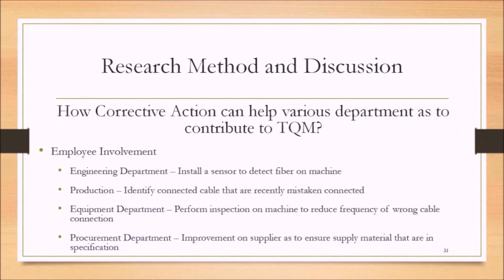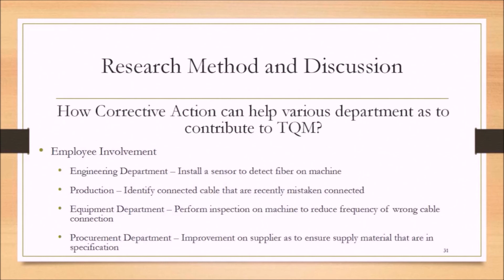For example, the engineering department carries out the corrective actions by installing a sensor to detect fiber on the machines. Production has the responsibility to identify cables that were recently mistakenly connected. And the equipment department will perform inspections on the machines to reduce the frequency of wrong cable connections.